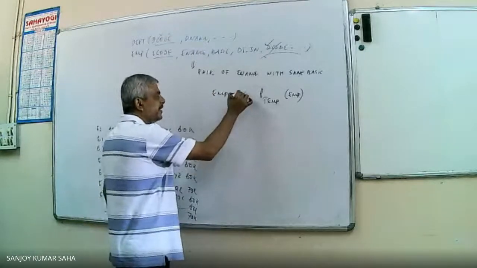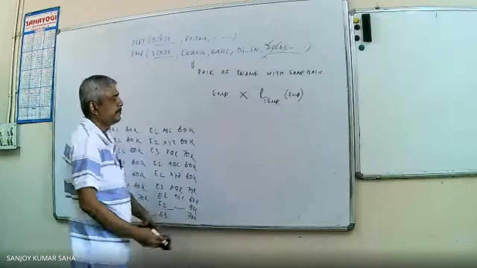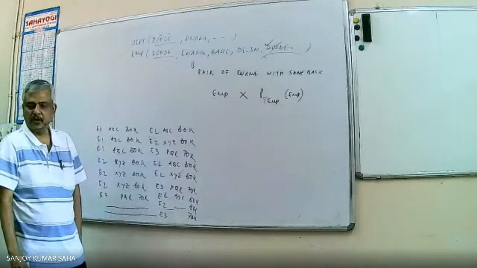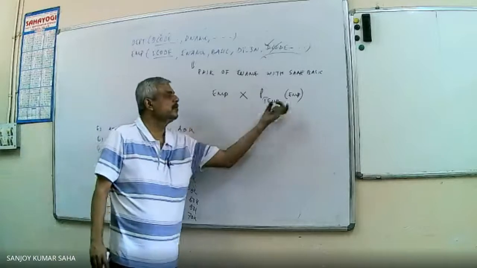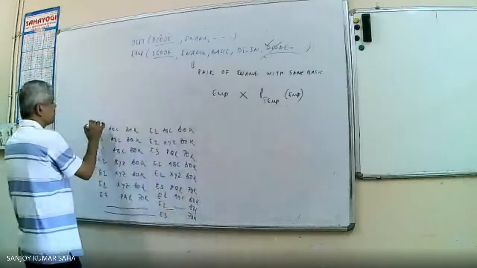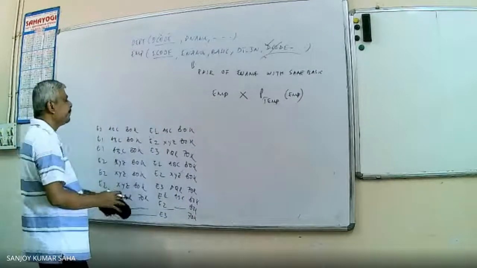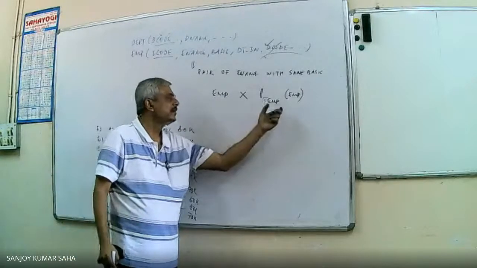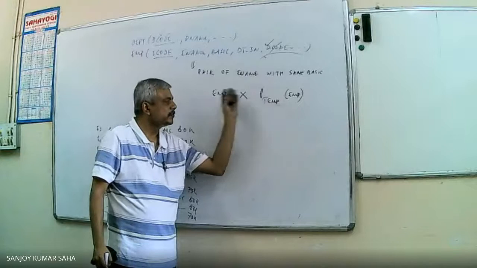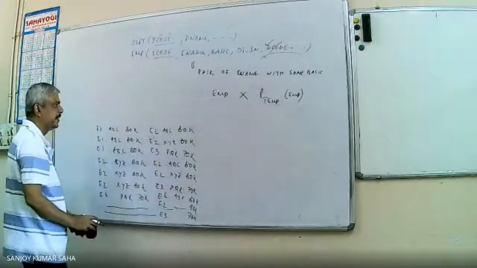So if I write EMP cross TEM, as if this is one copy and this is another copy, then they will be combined, and this way I am getting this kind of result.